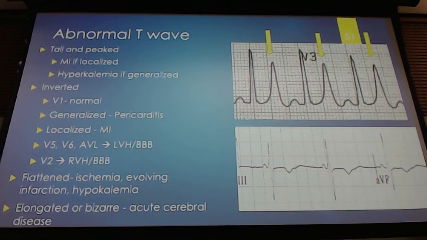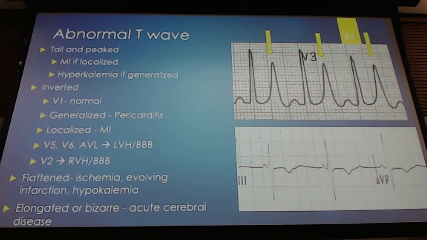Okay? But if you have a P and your Q goes down, R is a little bit, S is deeper than the R wave is above the baseline, then your T wave will often follow that deeper component or the taller component, depending on which one is more prominent. Okay. If we see generalized inversion, we think about pericarditis, and we have to think about what the patient is complaining of.